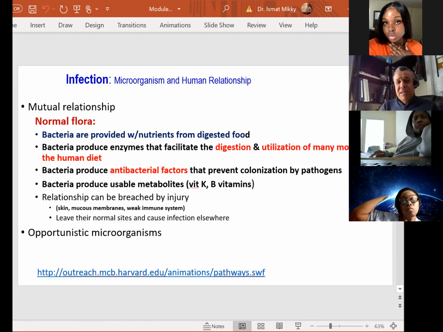When you purchase yogurt from the supermarket, this is a form of probiotic. We have something called BACID, Acidophilus lactobacillus, and nowadays you'll see commercial products like Activia on the market, which include the probiotic.